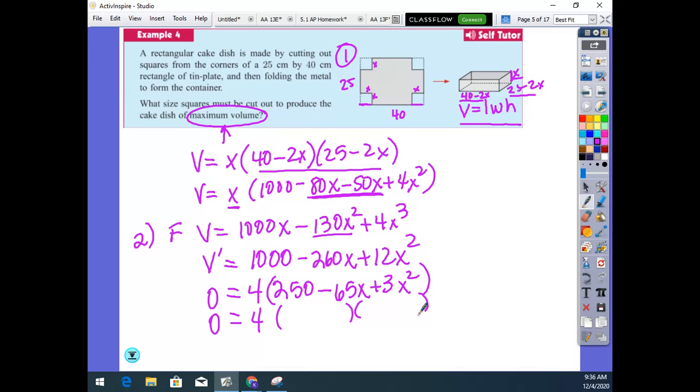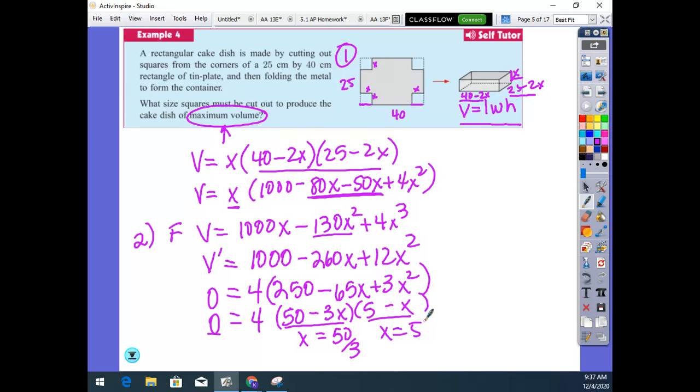This is actually factorable, but it's kind of yucky because we're going to use 50 and 5. And then we're going to use 3x and x minus minus. So we get what makes this equal 0 is 50/3. What makes this equal 0 is 5.